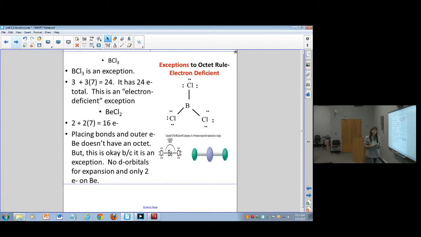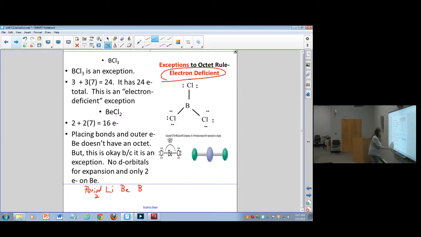So let's start with the two most common exceptions under the electron deficient groups. Now, beryllium. Let's talk about where beryllium is. Let's look at our periodic table. Here is period 2: lithium, beryllium, boron.